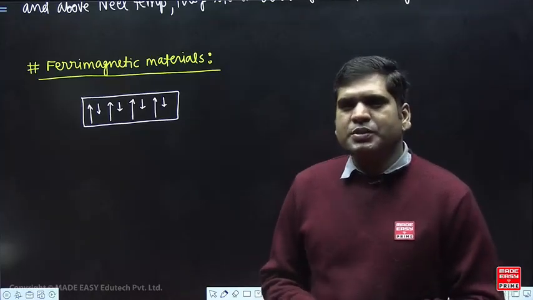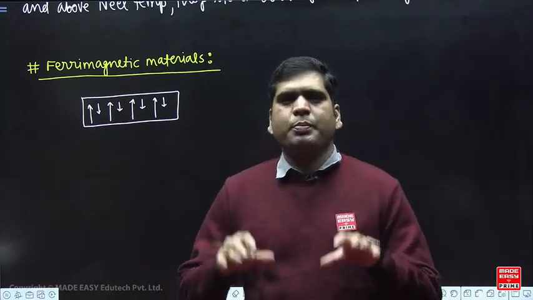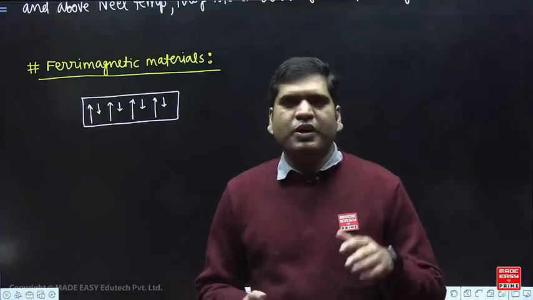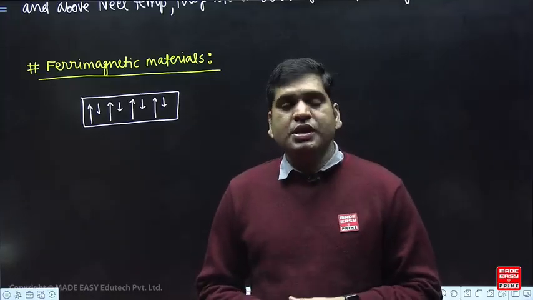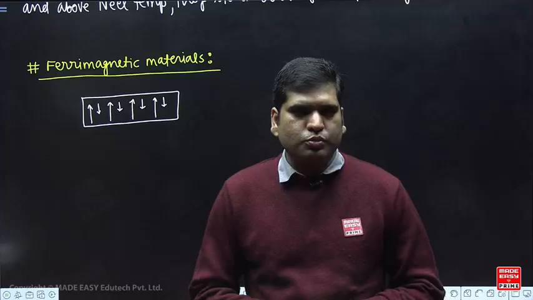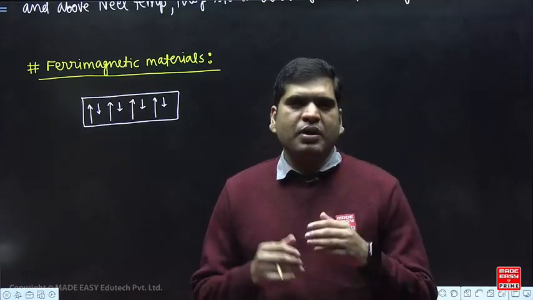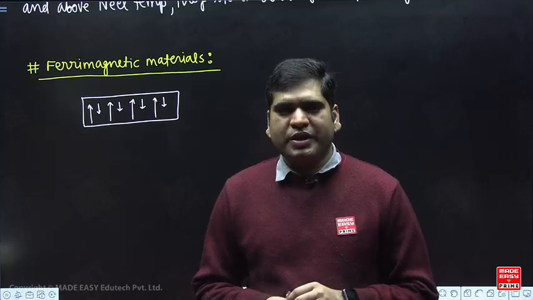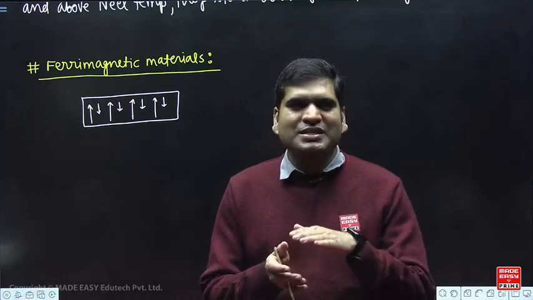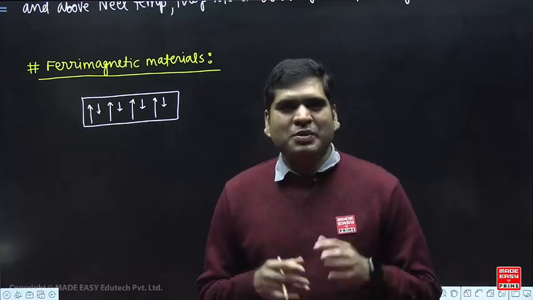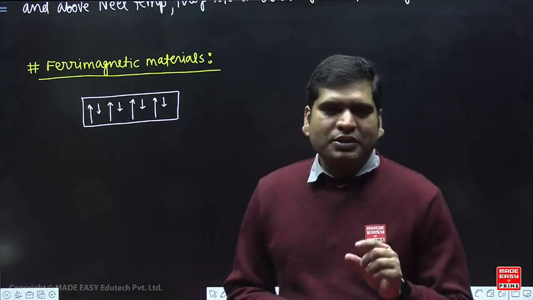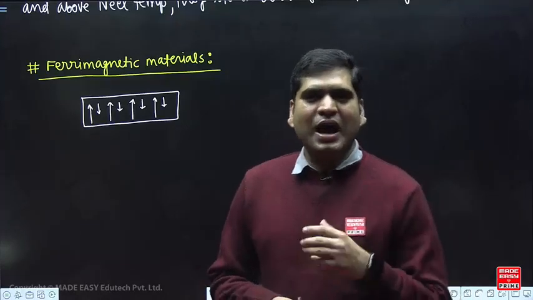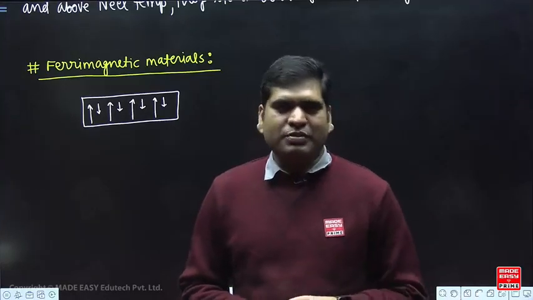So these materials are behaving everything like ferromagnetic materials. The only difference is in ferromagnetic, all the dipoles are parallel, so you get a strong value of spontaneous magnetization. It means wide hysteresis loop. But in these materials, some are anti-parallel, so you will get a small value of spontaneous magnetization. It means curve is narrow. So these materials will behave like ferromagnetic, but they have narrow hysteresis loop as compared to the ferromagnetic materials.